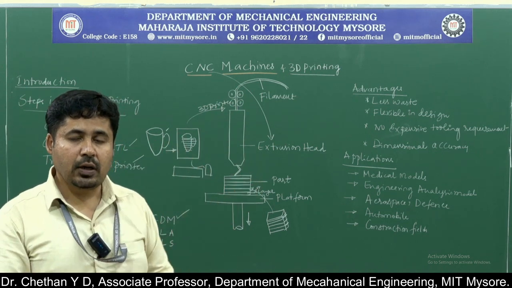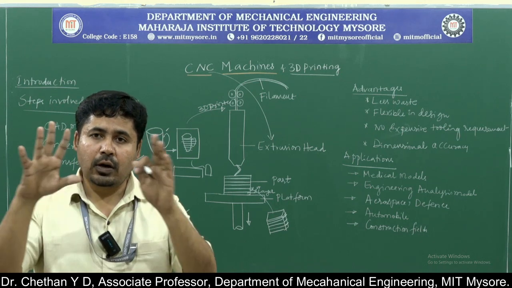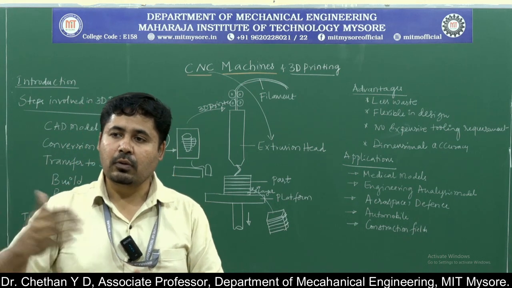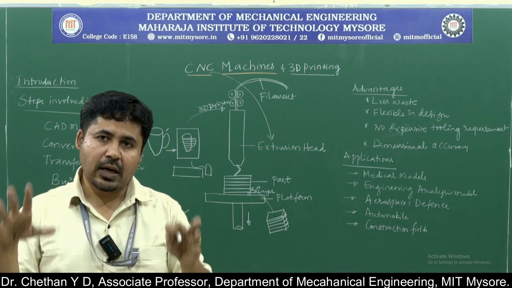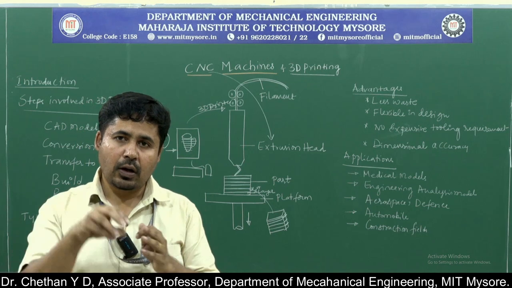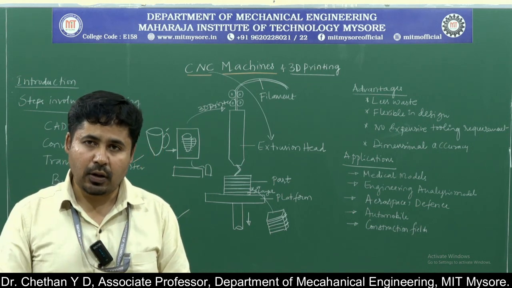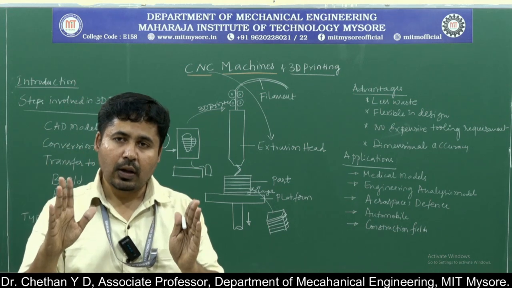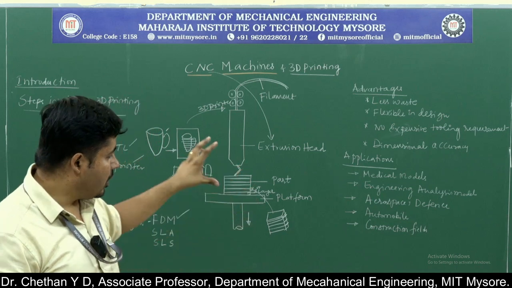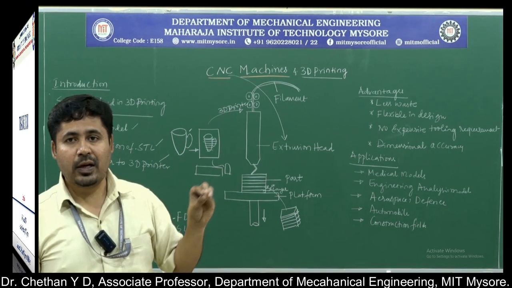That particular extrusion head is placing the concrete on the floor, and whatever building we want to build is already designed with the CAD software. Accordingly, the extrusion head will move, and that will deposit the concrete layer by layer, and finally you will be getting a particular model. That is the concept associated with the construction field with the help of 3D printers.